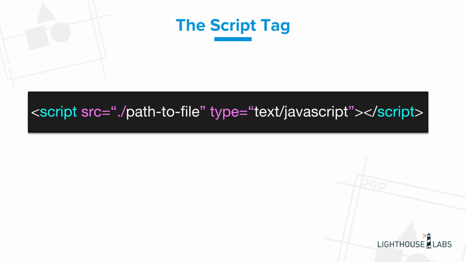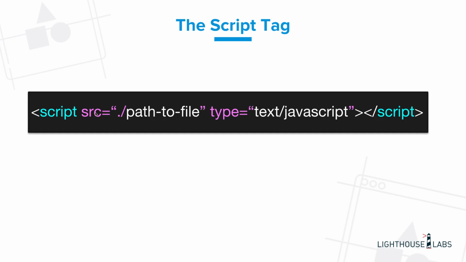Sorry, I'm totally losing my voice. So we use our source, which is the path to the file, and then we use the type, and that says what type of script you're connecting. So whether it's JavaScript or jQuery.